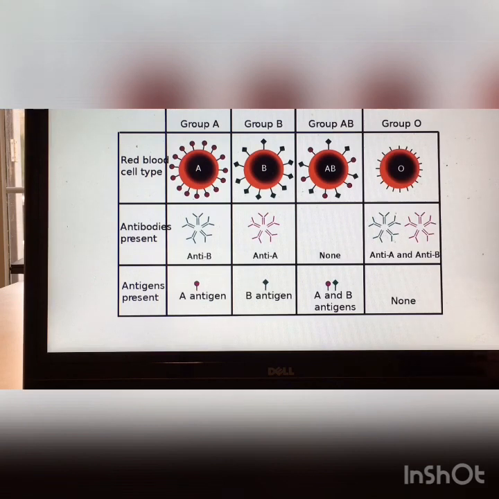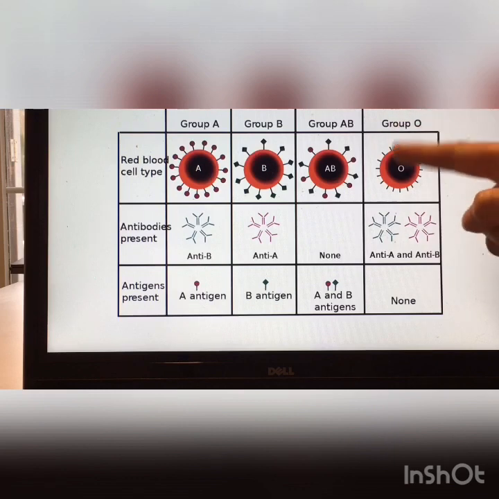Rh negative people cannot get Rh positive blood. So in actuality, O negative is the universal donor, and AB positive is the universal recipient. But for our purposes, we're going to focus on A, B, and O blood types and not really focus much on the Rh factor.